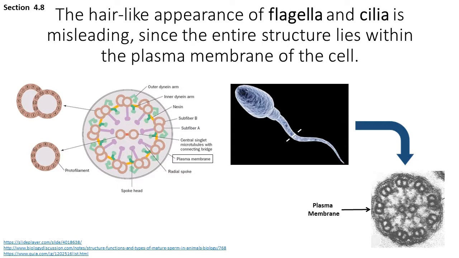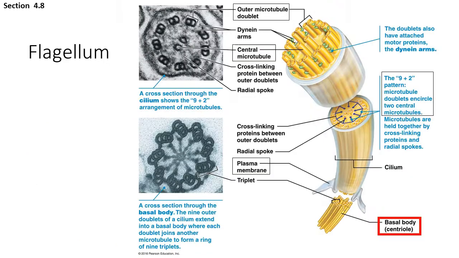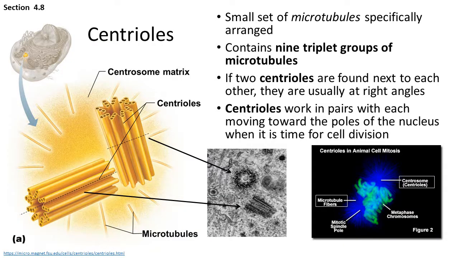As we move down the flagella, the structure of the flagella changes. So just like this, the end of the flagellum looks like a section of a centriole, or has the same structure as a centriole.